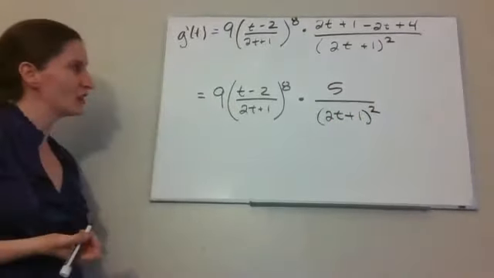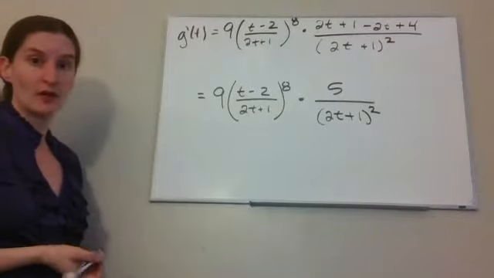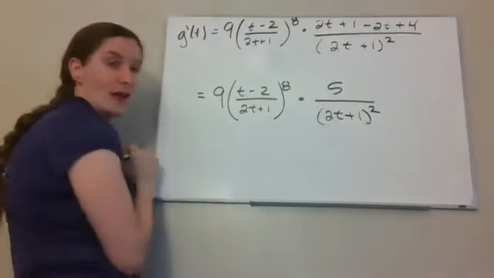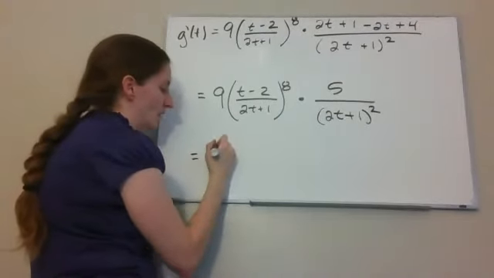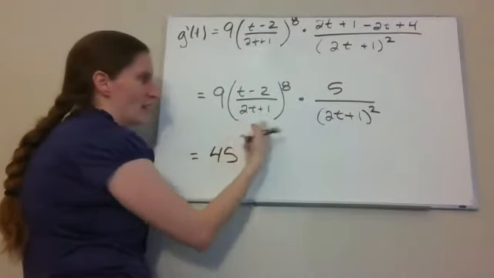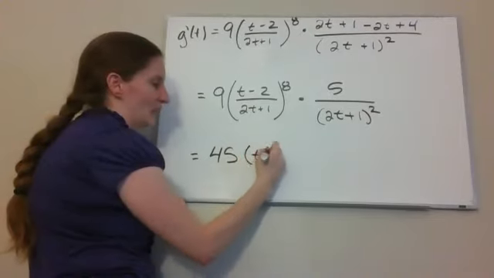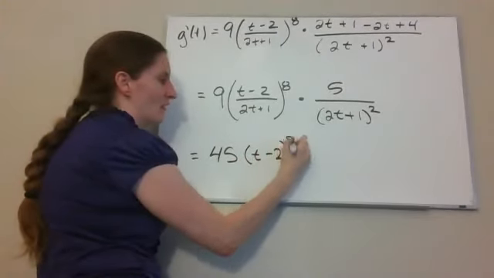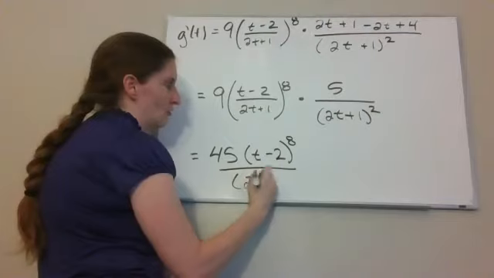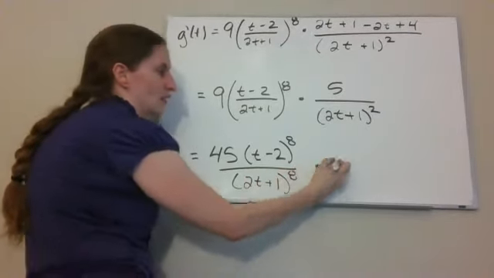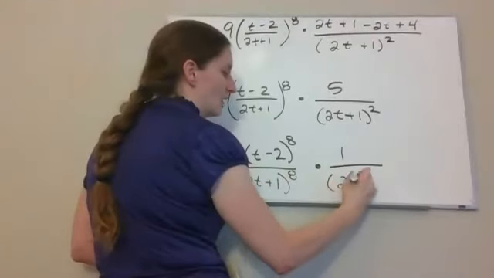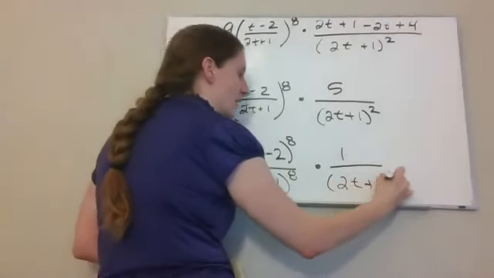And we can actually simplify this a little bit further. We could multiply the 9 and the 5 together to get a 45. And then I can rewrite this stuff as a (t minus 2) to the 8th over a (2t plus 1) to the 8th. And I still have a (2t plus 1) squared down here.